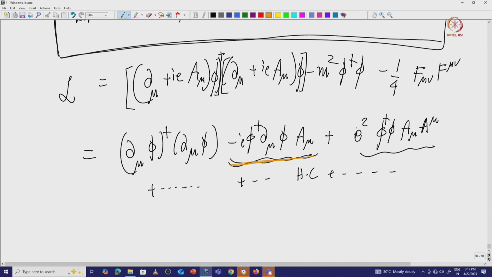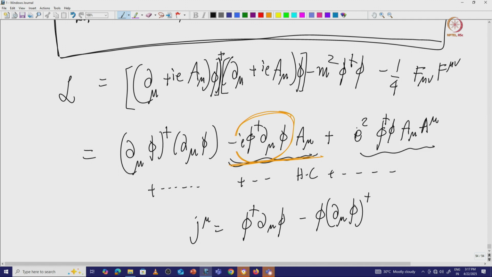If you remember correctly, this term is nothing but the current term. The current J mu was given as J mu equals phi dagger del mu phi minus phi del mu phi dagger.